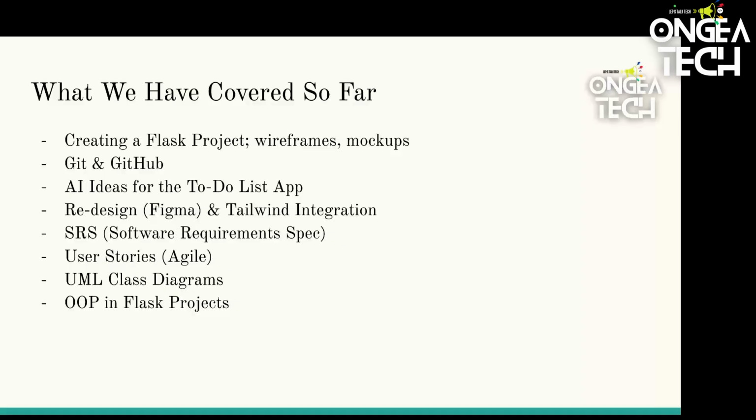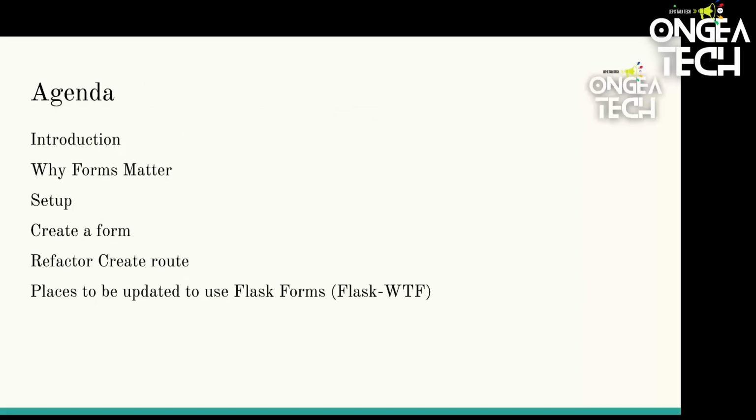We redesigned it with Figma and integrated Tailwind into the application. Then we went through a software requirement specification document and where it's important. We also went through user stories using agile methodology, and then we went through UML class diagrams and OOP in Flask projects. So we did all this prior to the winter of 2026.